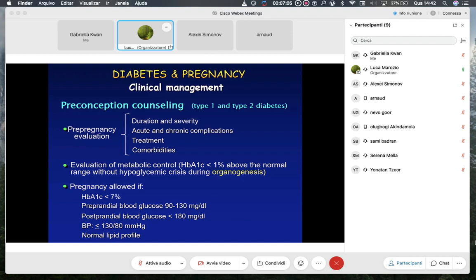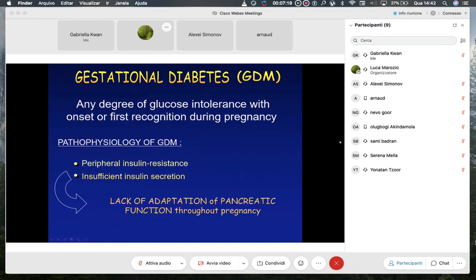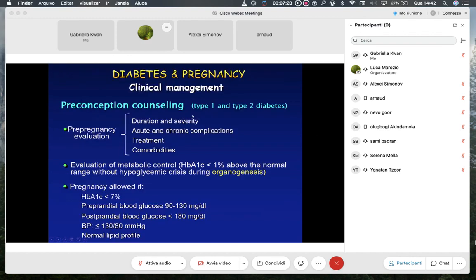In these cases, pregnancy may be allowed, otherwise it may be delayed until an optimal metabolic control is obtained. This is only true for type 1 and type 2 diabetes, so for diabetes pre-existing pregnancy.